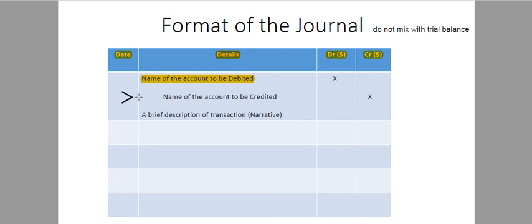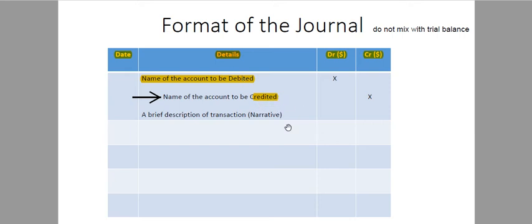Just move towards the right, like on a keypad when you press the tab button and it moves to the right. Just a small indent to separate it, and then we write the name of the account to be credited. So the first line, the name of the debit account, and the second line, the name of the credit account.